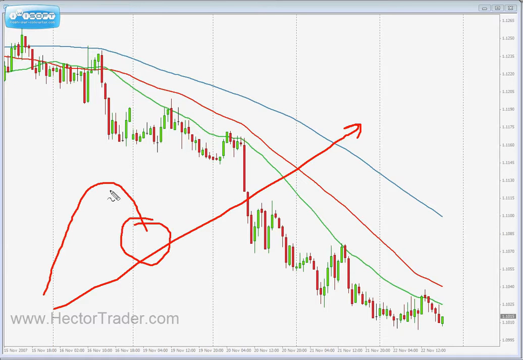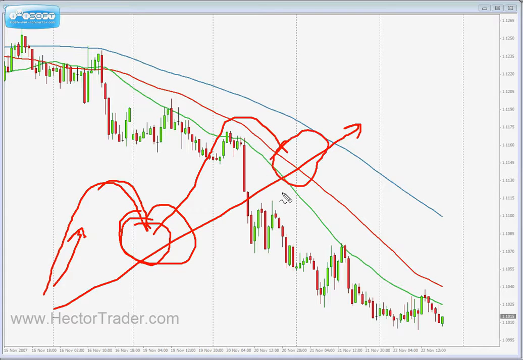Price retraces back, they add to their already long position, and therefore price moves forth into a new swing. Then upon the pullback they add to their position again, and so on and so forth. Same thing as in a downtrend.